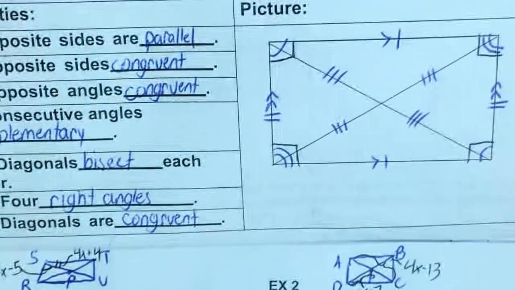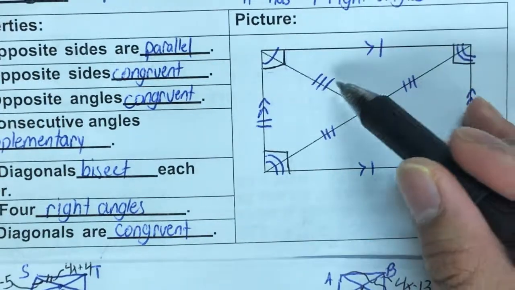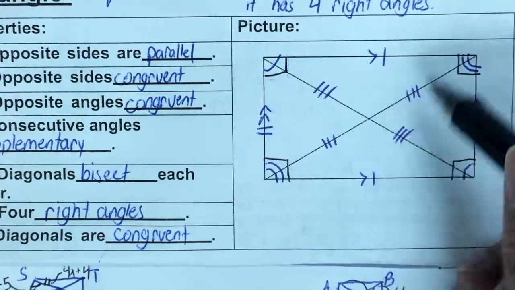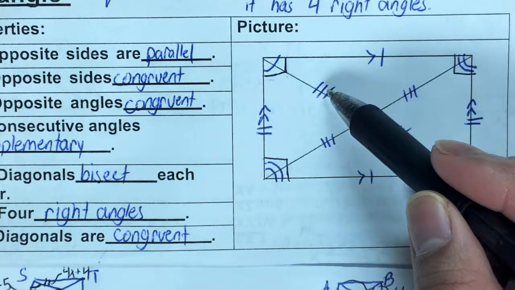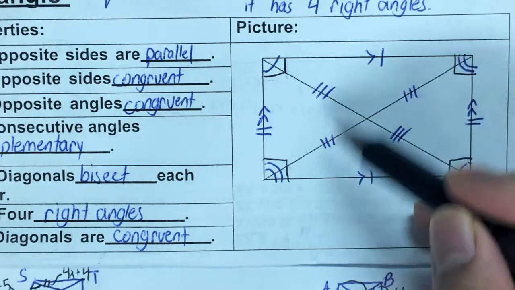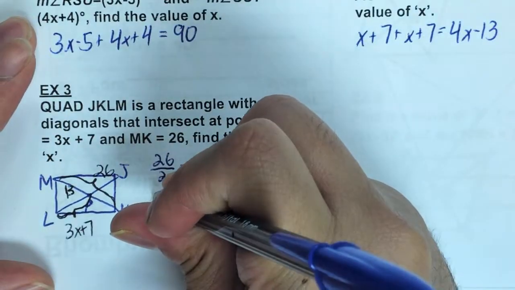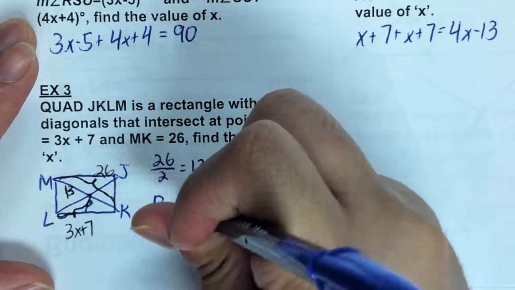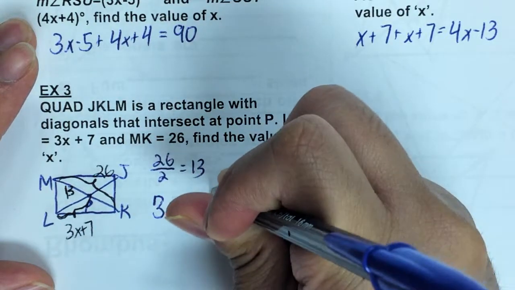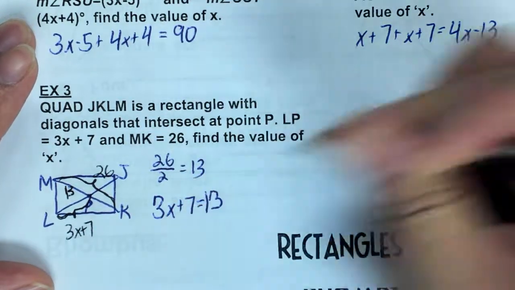And again, properties of rectangle, those are all congruent. So if this is 13, this is 3x plus 7, that means these two are the same. So my equation now is 3x plus 7 equals 13.